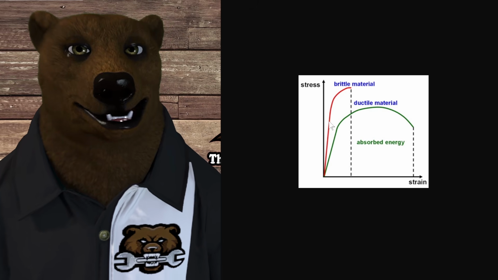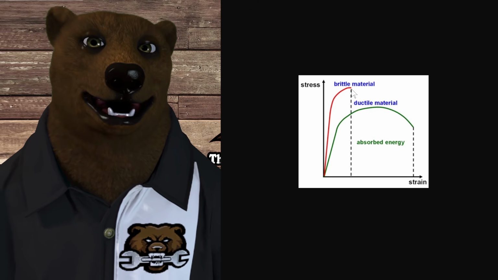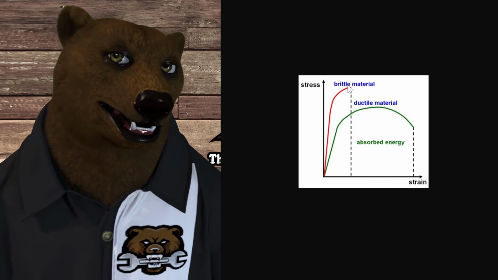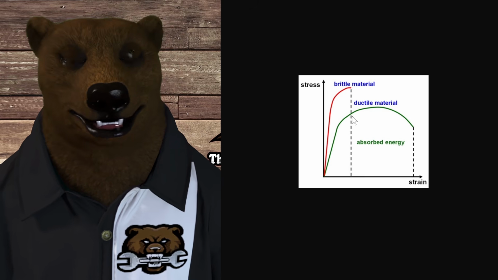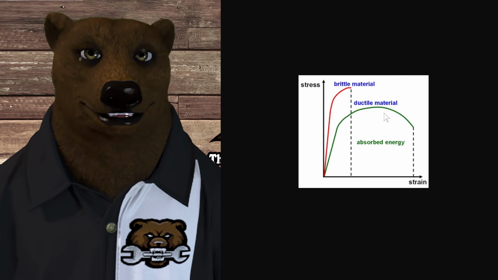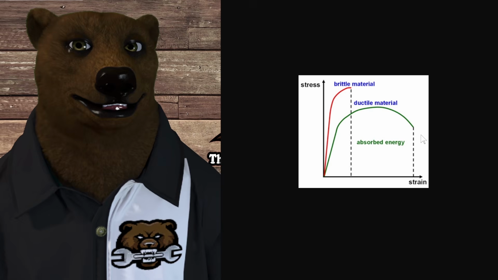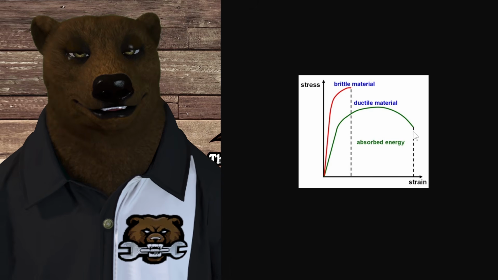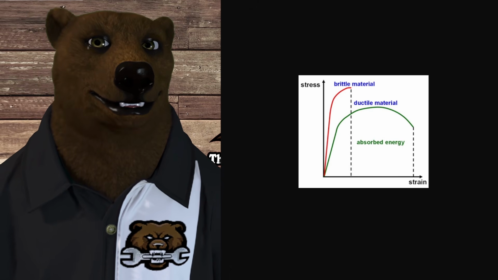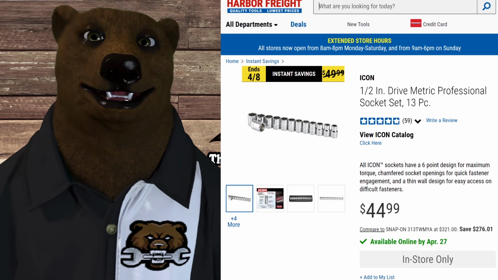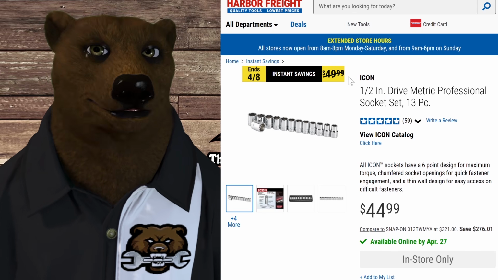With something that's strong and brittle, that line comes much sooner, but at a higher level. Whereas something that's more ductile or has greater plasticity can absorb much more energy before it reaches a critical failure point.